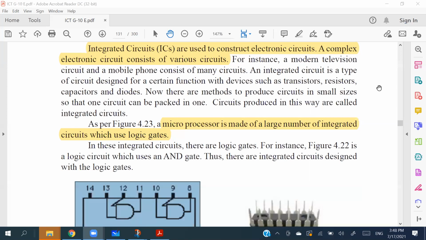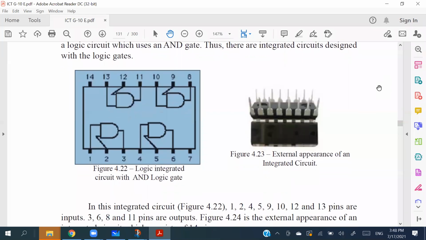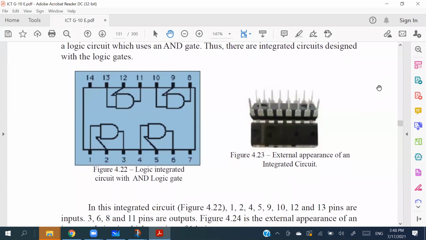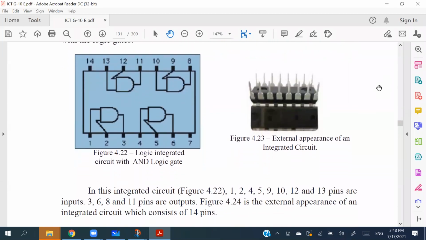All right, so keep the space to draw this figure, which is highlighted over here.